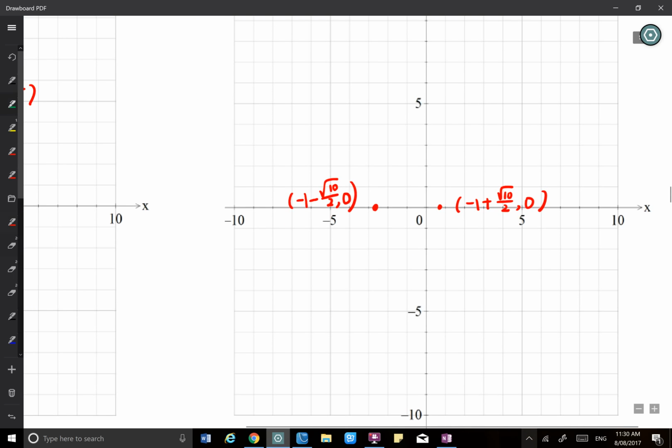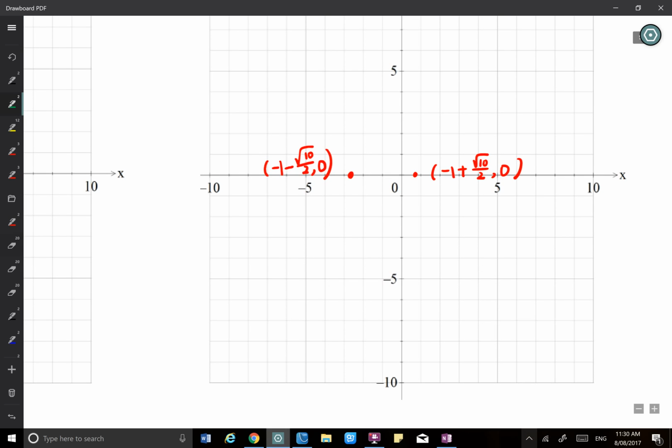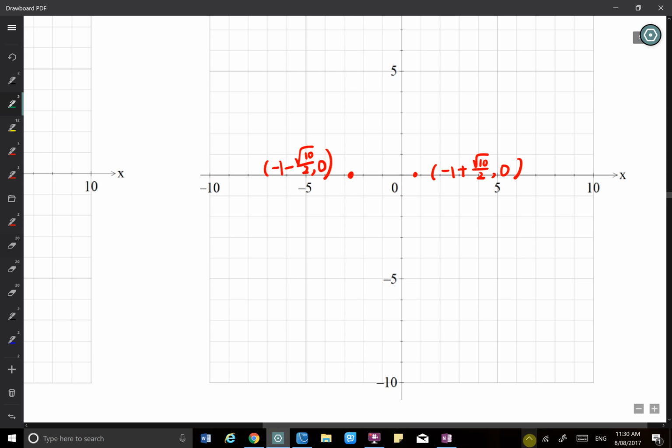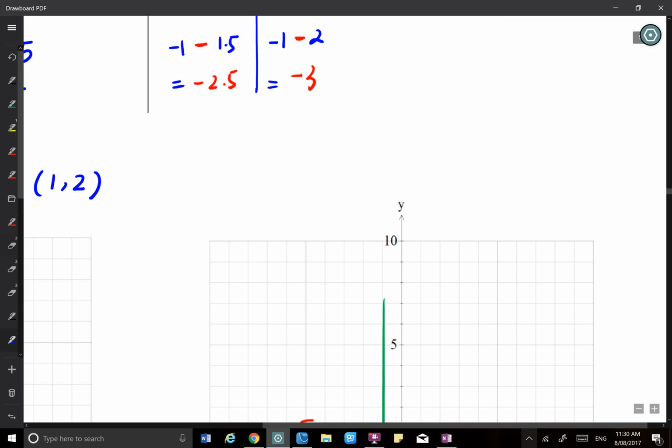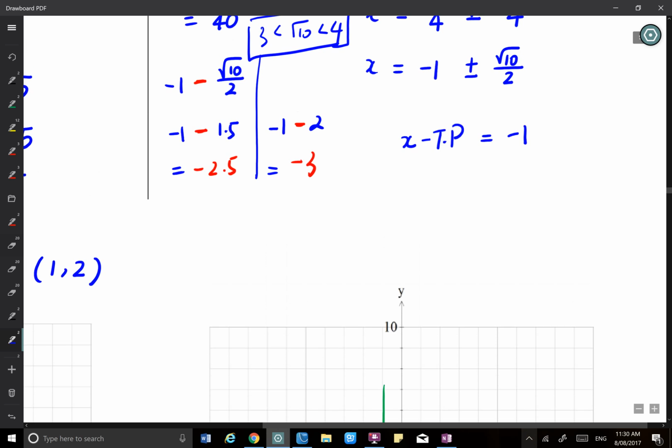So you will have the line x equals -1. The x coordinate of the turning point equals -1.